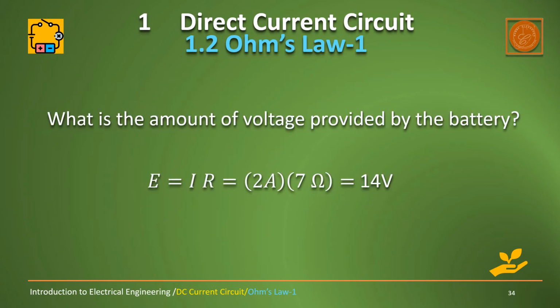What is the amount of voltage provided by the battery? We can use the formula E equals I multiplied by R. Since the current is 2 amps and the resistance is 7 ohms, we get 14 volts. So the battery voltage is 14 volts.